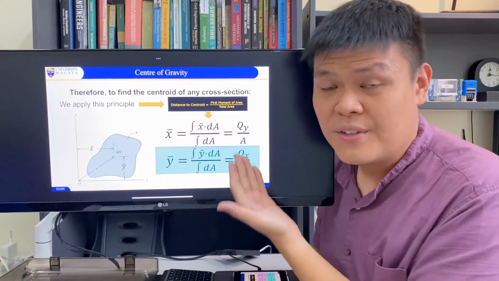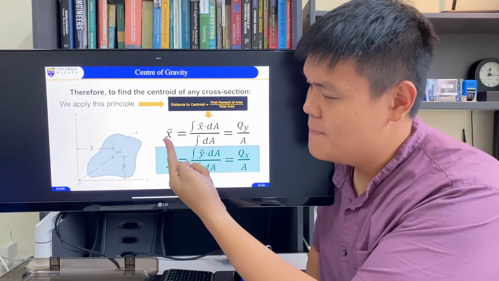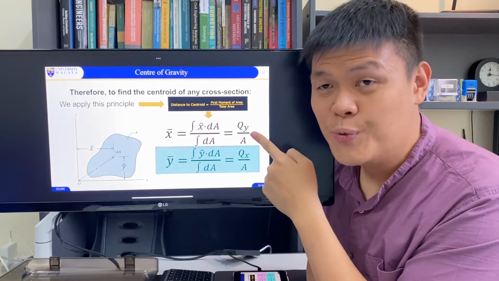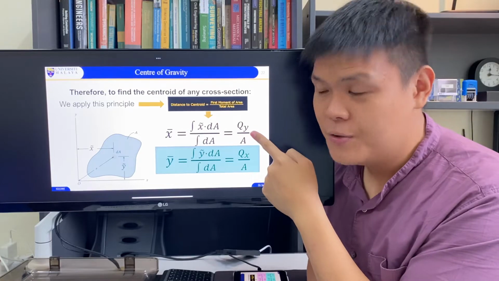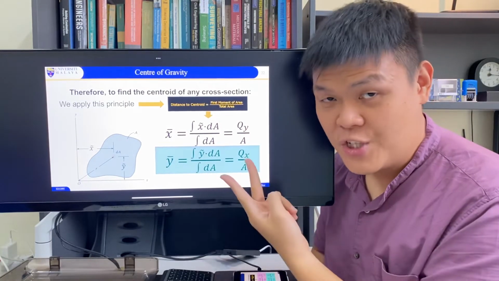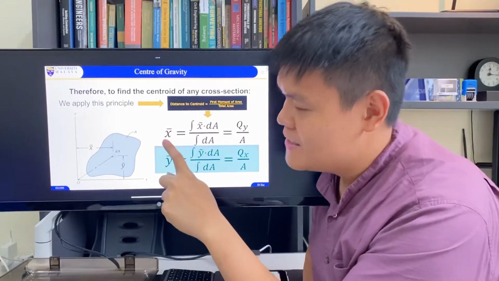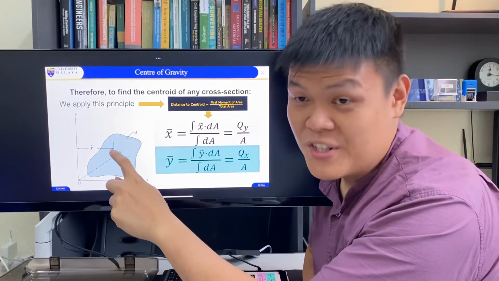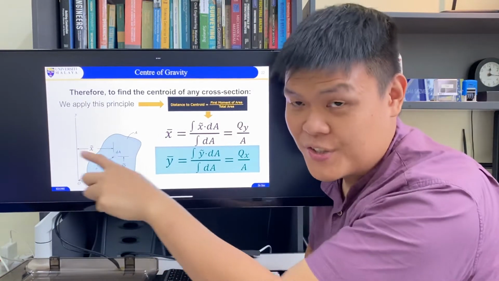And we have these equations here, which is x bar equals Qy over A. Notice that x and y are changed because x bar is here. Imagine this is x bar, it's going in this direction, right?